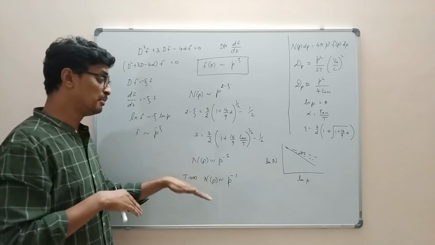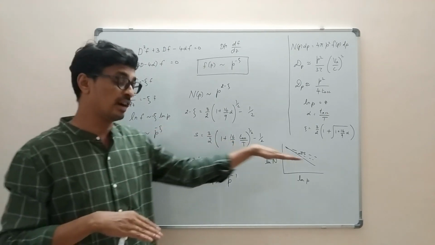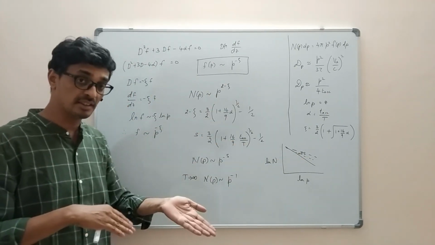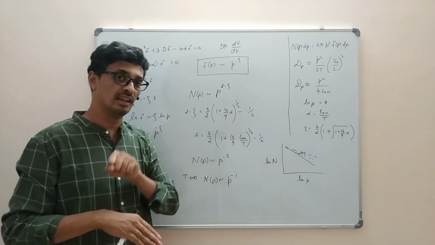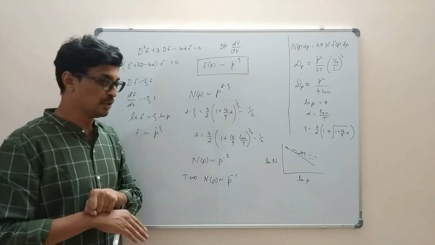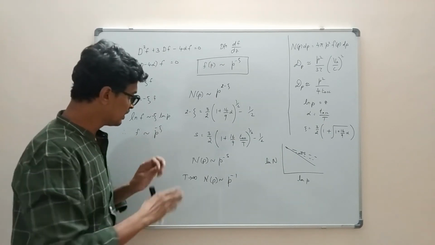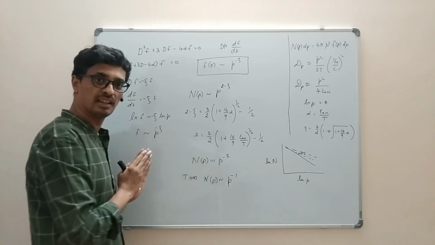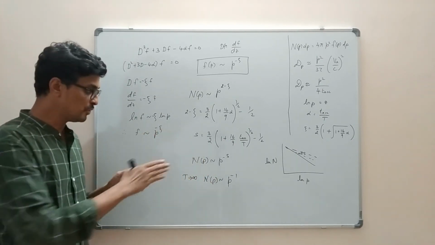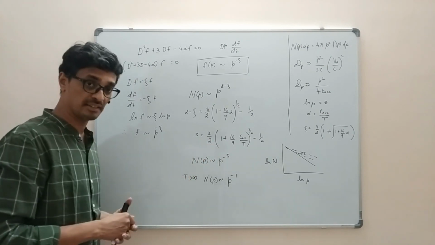The only thing is, this will build slowly, but it can produce a harder spectrum, whereas the first order acceleration builds fast, but it can be steeper than the second order acceleration mechanism. With this, we will stop the discussion on the second order, or stochastic, acceleration mechanism.